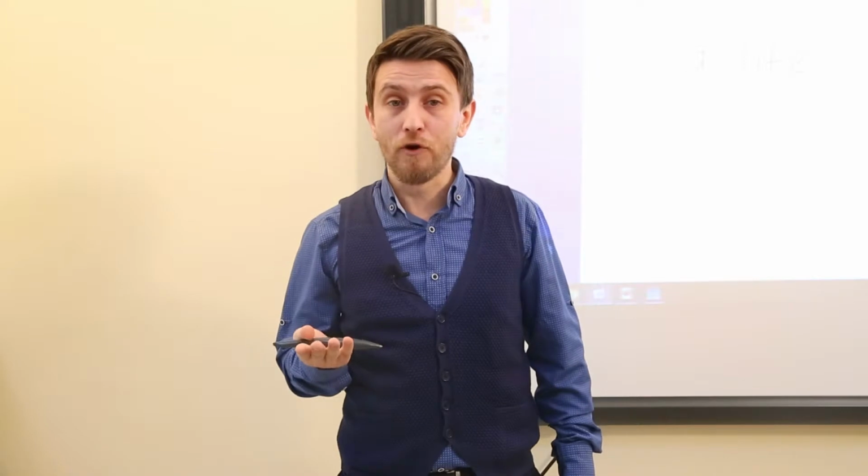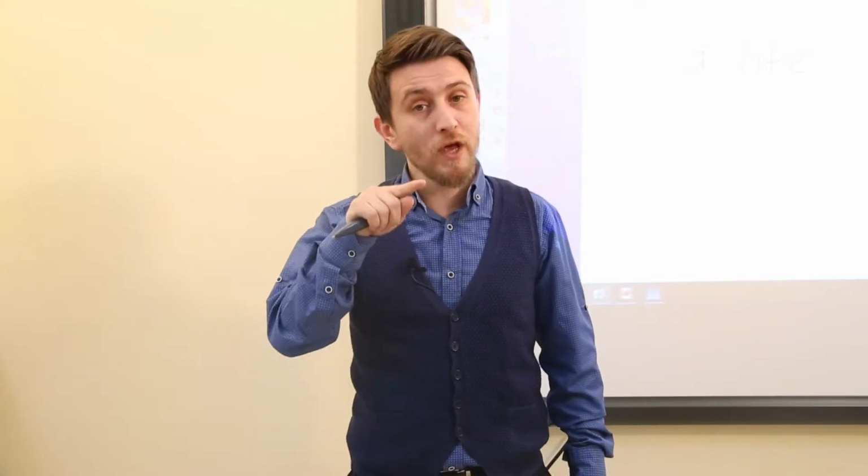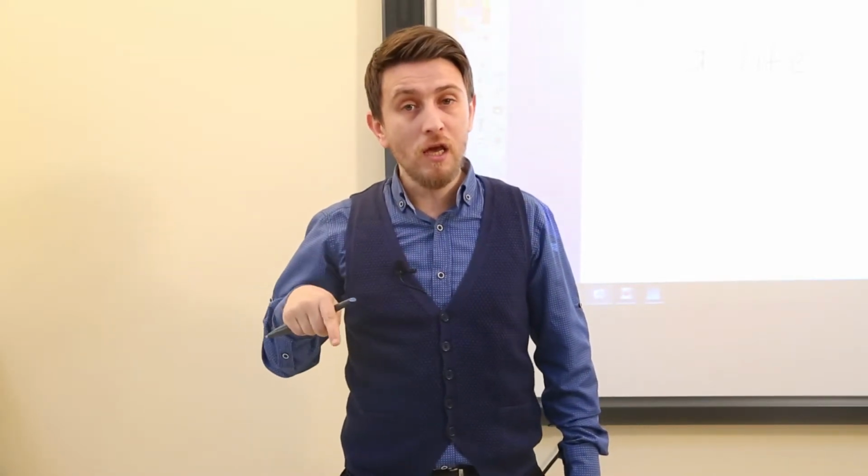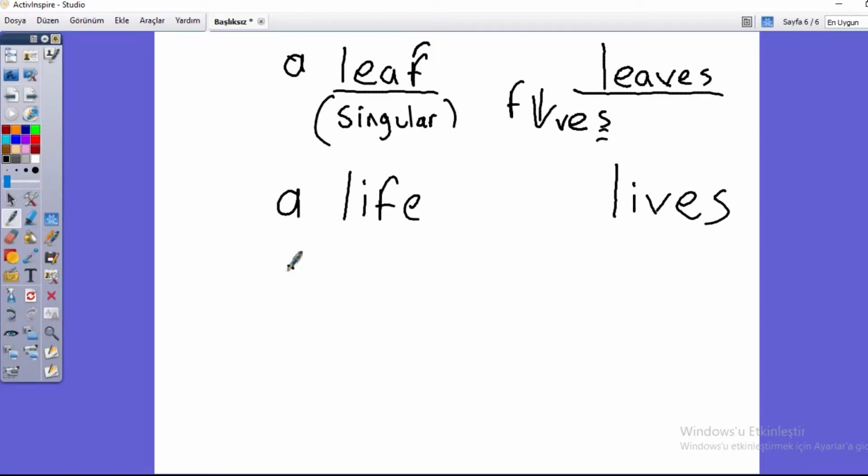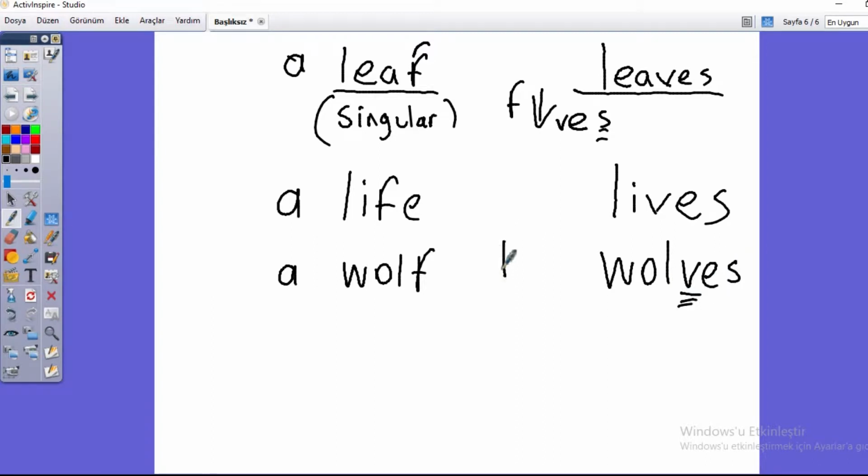To make plural form, again F drops and we add VES. Let's write it on the board. A wolf. To make plural form of this noun, F goes down, drops, and we add VE. So it becomes wolves. F here again drops.